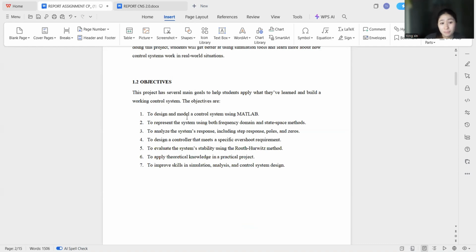The objectives are to design and model a control system using MATLAB, to represent the system using both frequency domain and state space methods, to analyze the system's response, including step response, poles, and zeros, to design a controller that meets a specific overshoot requirement, to evaluate the system's stability using the Routh-Hurwitz method, to apply theoretical knowledge in a practical project, and to improve skills in simulation, analysis, and control system design.